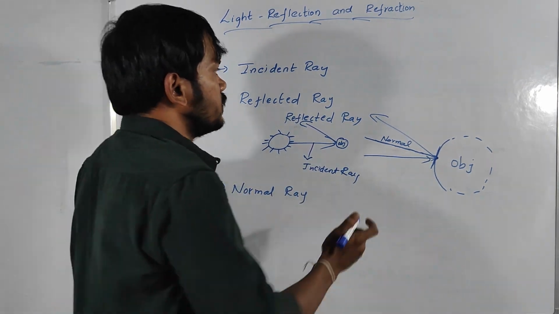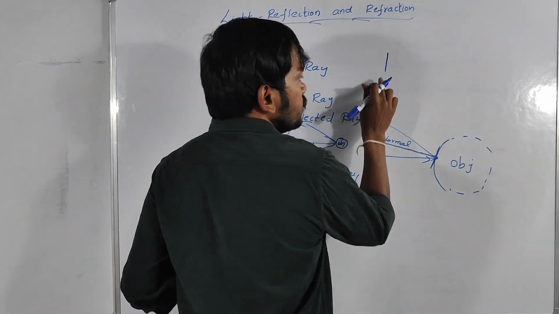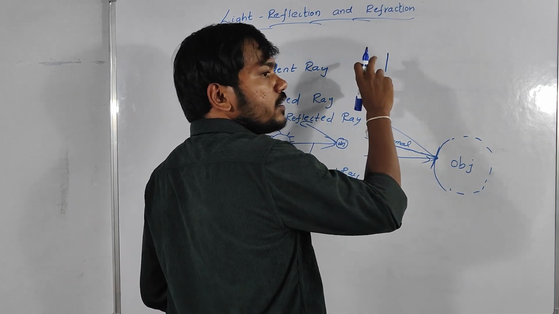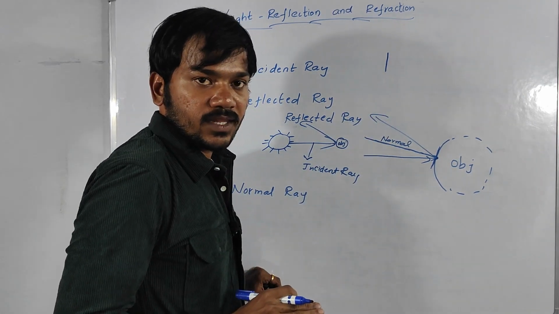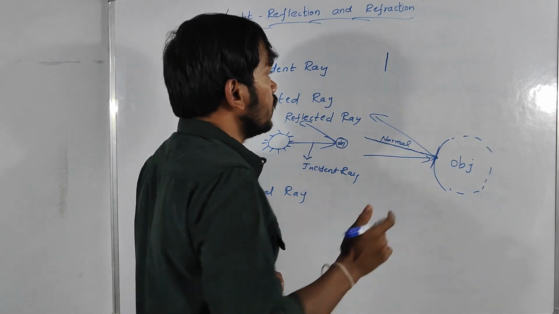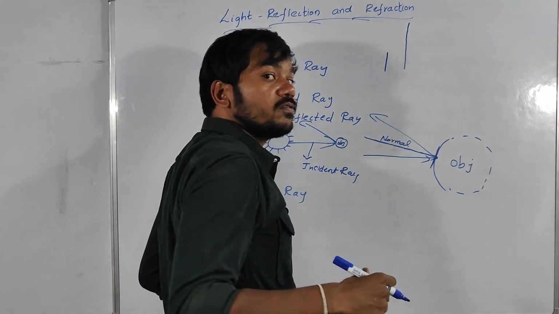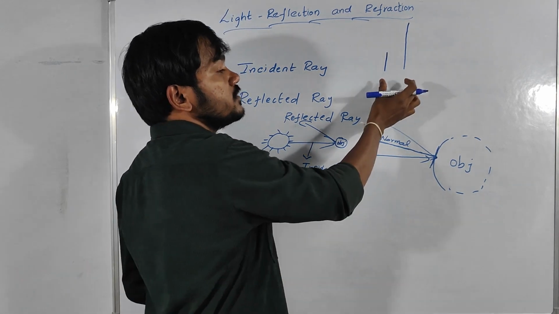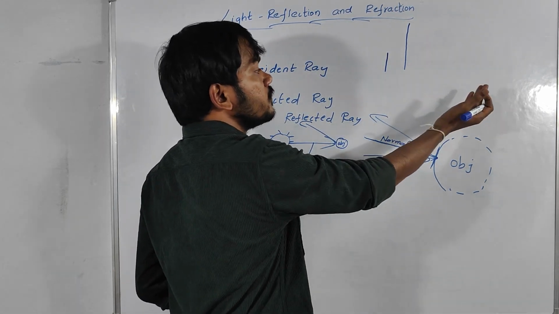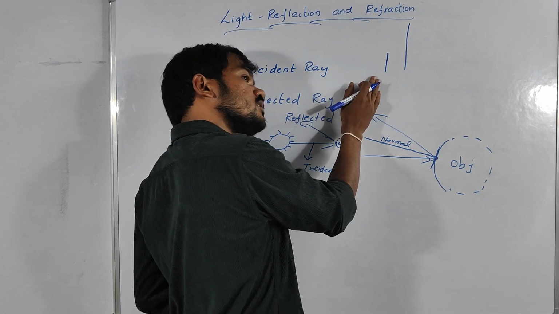I'll give you a simple example. If I draw a line and ask you whether it is smaller or taller, you can never say. But if you draw another large line beside it, and I ask you which is the taller one, you will obviously say the right one. Which is the shorter one? The left one.